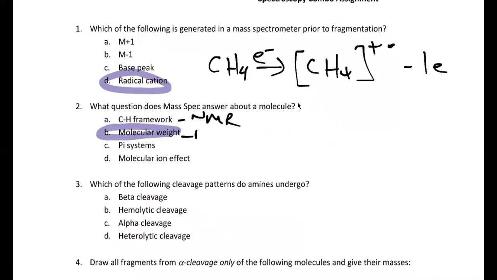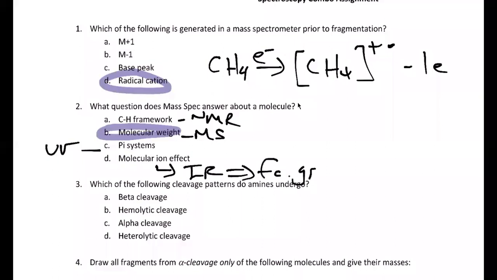UV tells us about conjugated pi systems that are present. And what's not listed here is infrared, which tells you about functional groups.